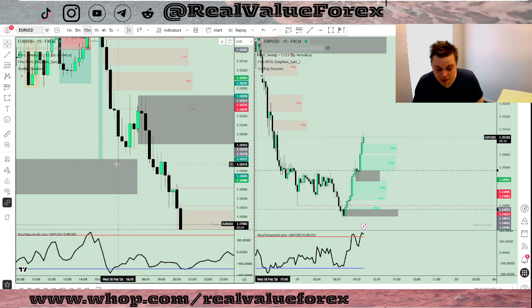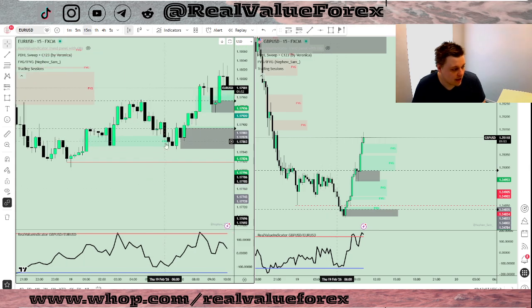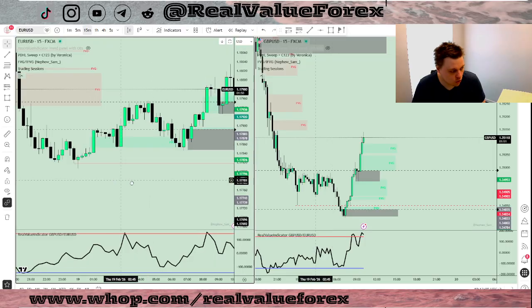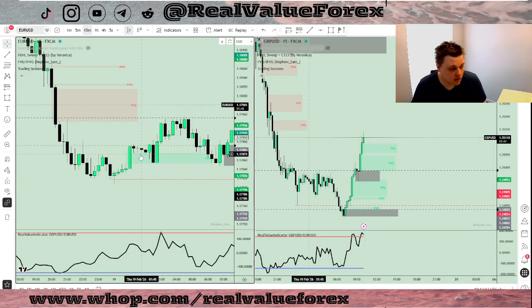If I would enter here, even if I would catch take profit, it's still not a valid trade for me, because momentum wasn't there and the full target was already reached. I don't see any market structure shifts here either, so there is no reason to enter. But for example, here with this order block, let's assume it was our session: market structure has shifted.